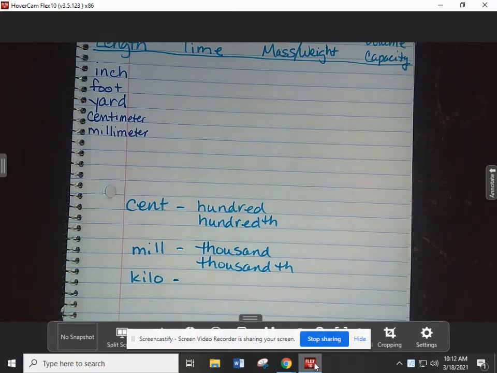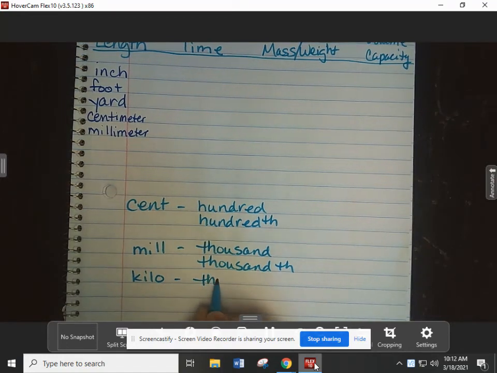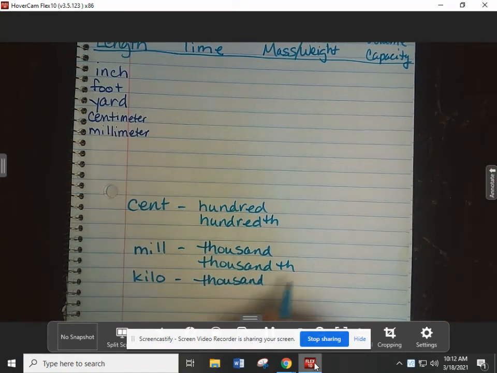It can mean 1,000 or 1,000th, depending on what it's attached to and what we're measuring. Kilo only has one meaning. 1,000.